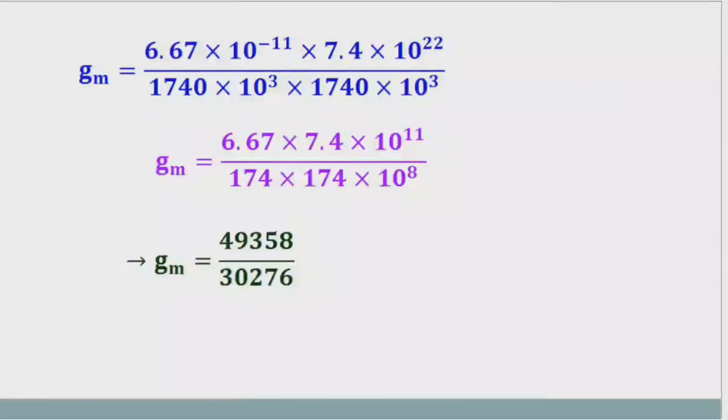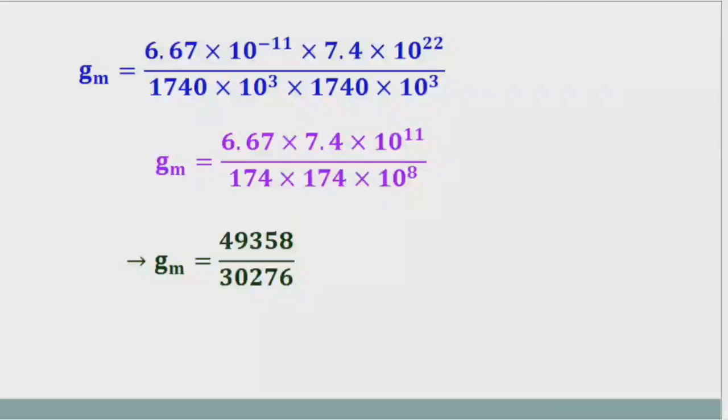That is equal to, Gm is equal to 6.67 into 7.4, we will get 49.358, divided by 174 whole square, which is 30,276. 10 power 11 by 10 power 8 is there.